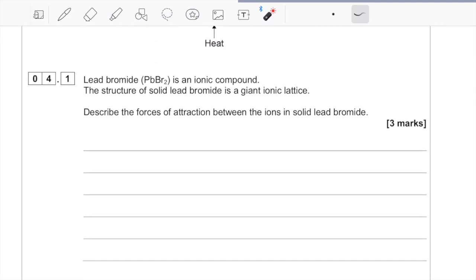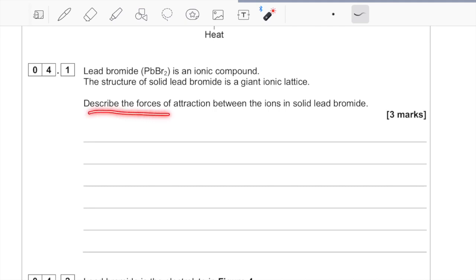When we get to 4.1, it's asking us simply to describe the forces of attraction in solid lead bromide. I'm sorry about that. So we need to be able to do that. And really, this is one of those stock phrases. So in an ionic compound, we're describing the ionic bonding.